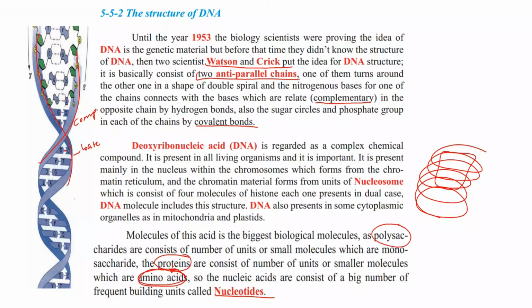Polymer polysaccharides, their monomers are monosaccharides. And the nucleic acids, which are polymers, their monomers are nucleotides. Just as proteins are made up of smaller units called amino acids, the nucleic acids consist of smaller units known as nucleotides.